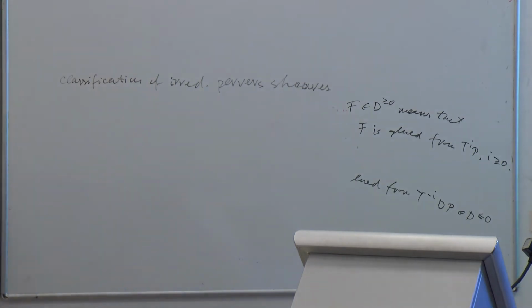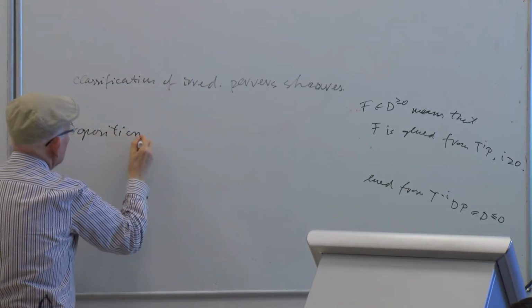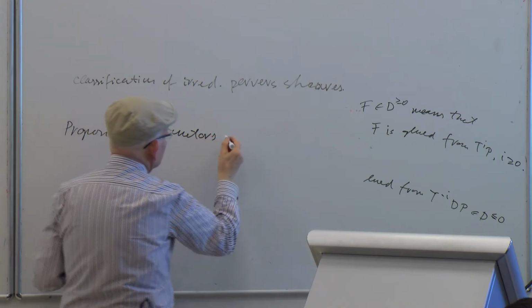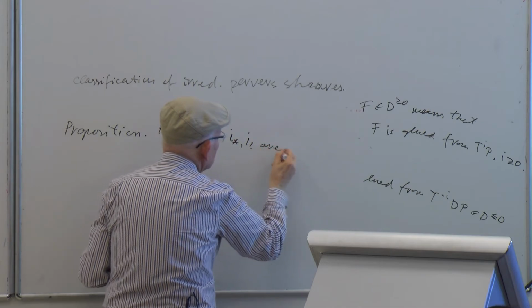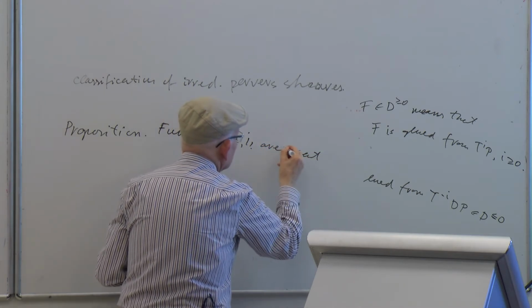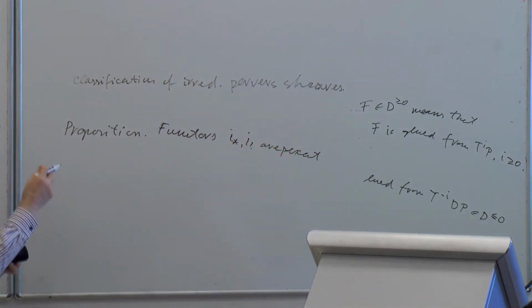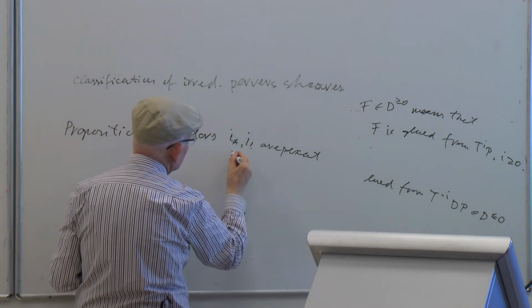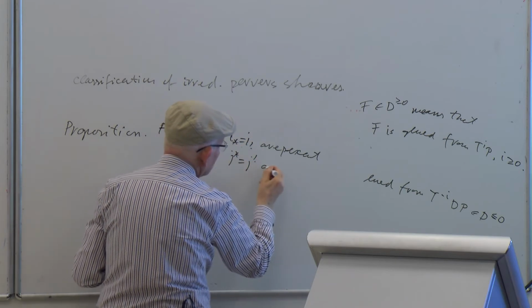We consider the perverse t-structure. Then the functors I star and I shriek are t-exact. P-exact means exact with respect to the perverse t-structure. Similarly, the functors J star and J shriek are exact.